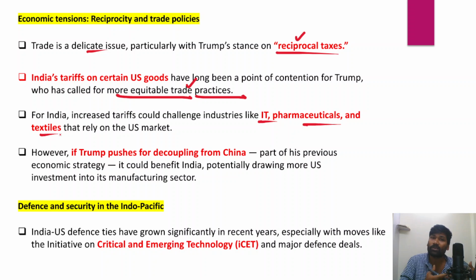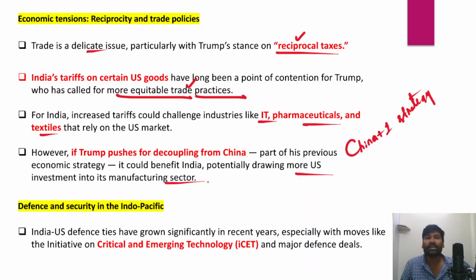This was part of his previous economic strategy, and this decoupling from China would potentially benefit India, because most of the US manufacturing companies or bases would be relocated out of China as part of the China plus one strategy. This China plus one strategy will certainly benefit India, because it could draw more US investments into India's manufacturing sector. So there will be robust growth in India's manufacturing sector, if Donald Trump continues the decoupling of the manufacturing bases from China.